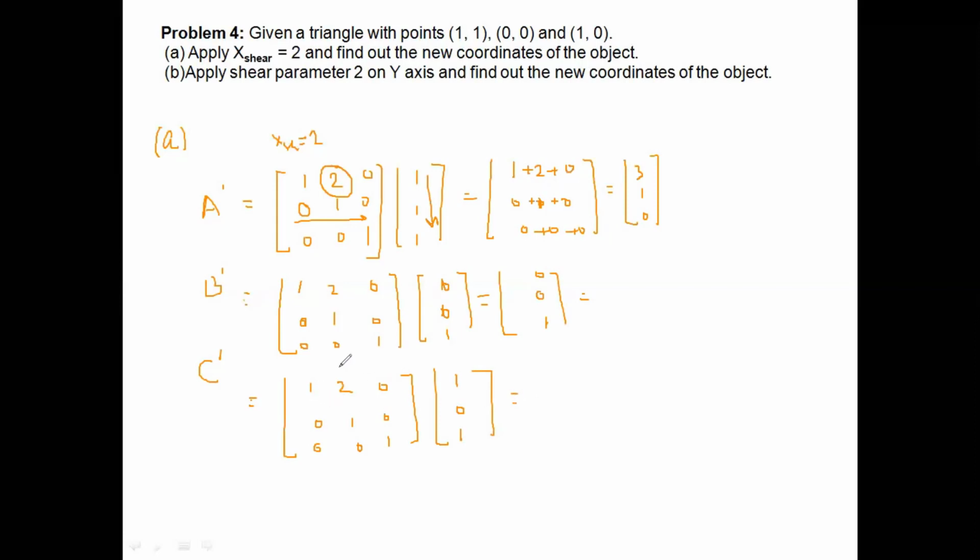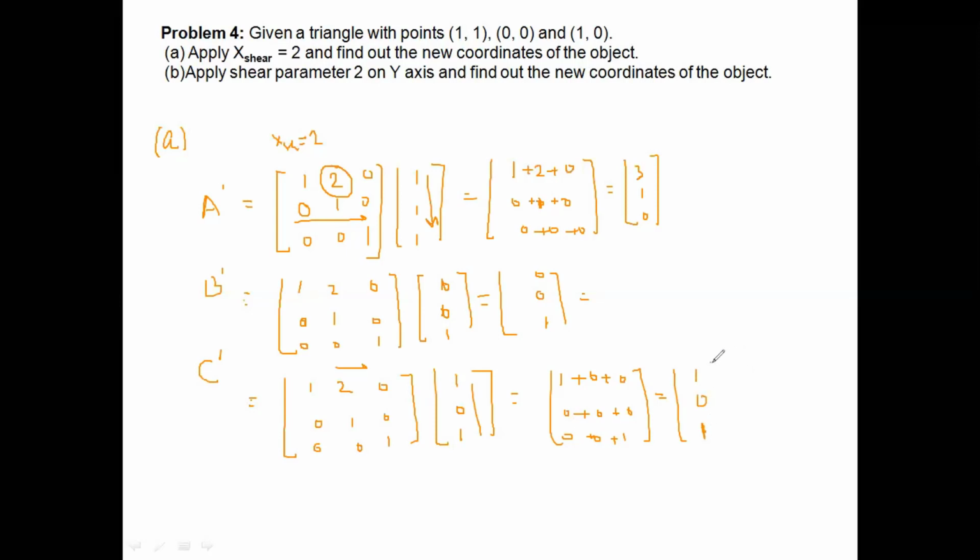Okay, so multiply this, you will get 1 plus 0 plus 0, 0 1.